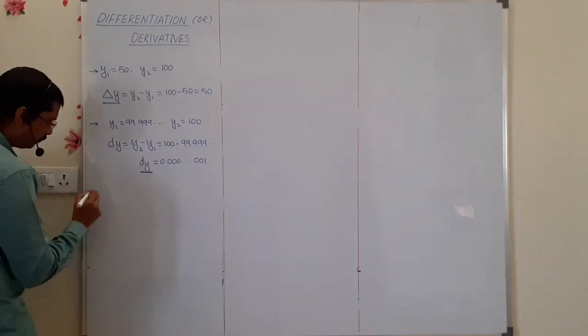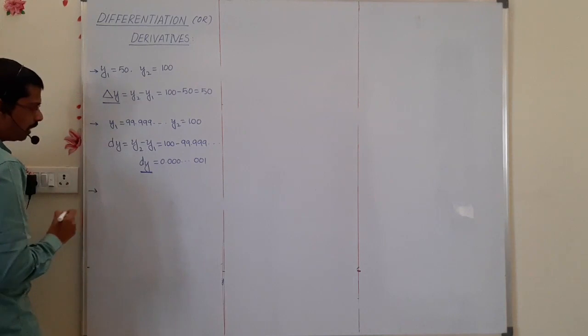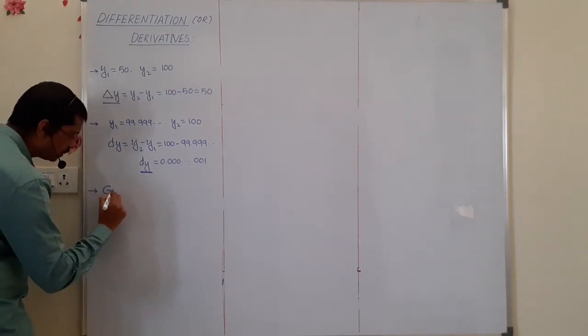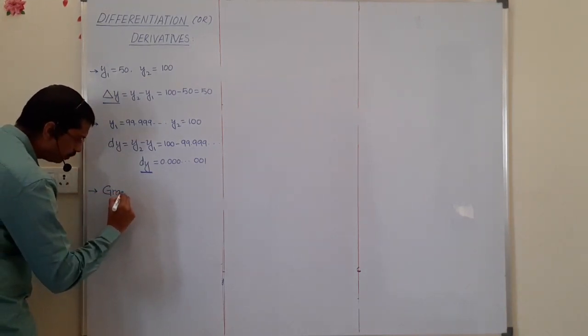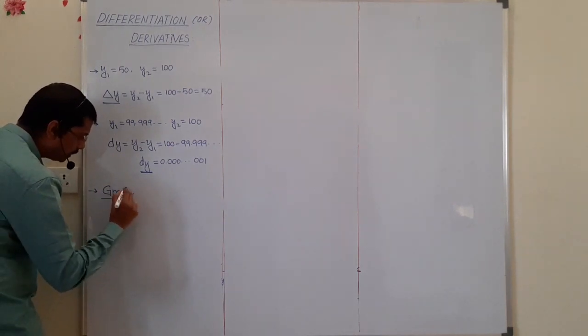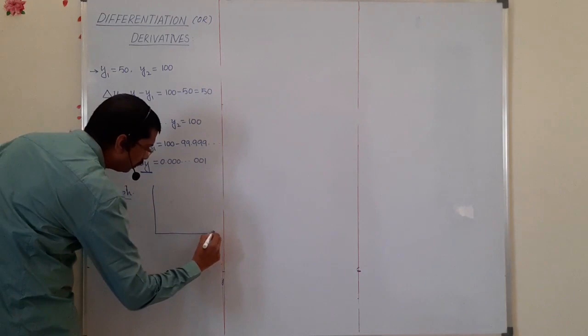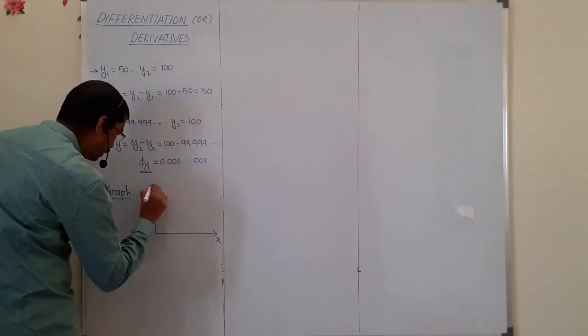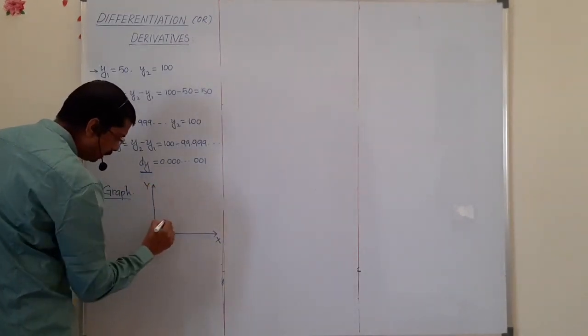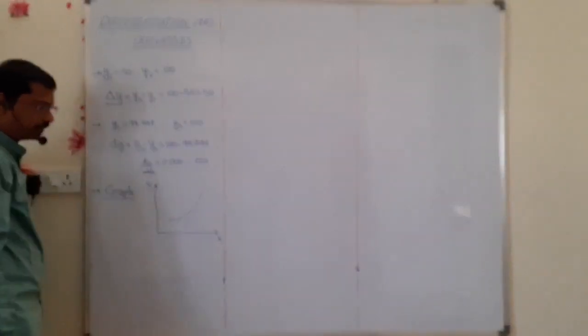After that, we can discuss another part, that is the graph, and how we can represent it. For example, we are taking one graph in the xy plane. This is a curve.